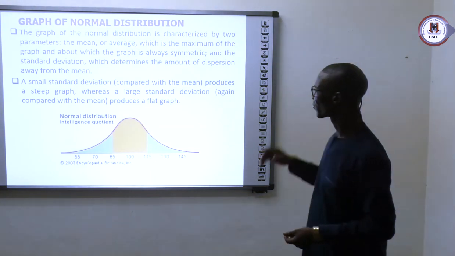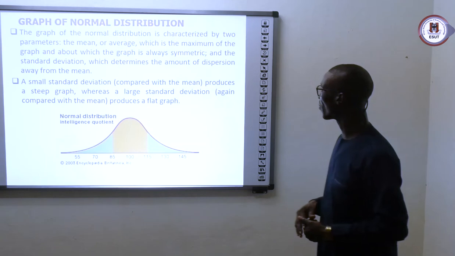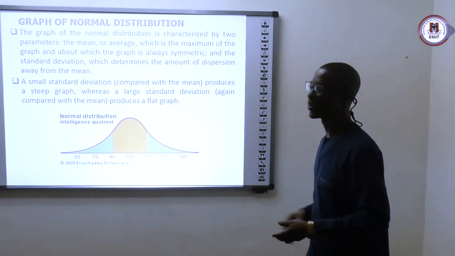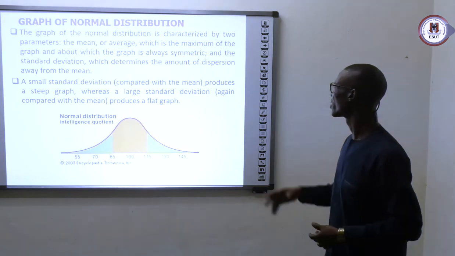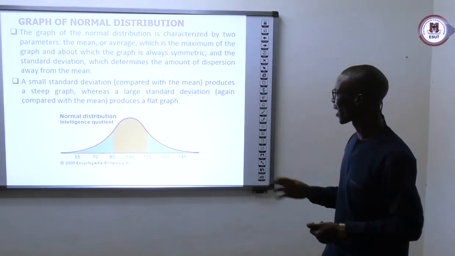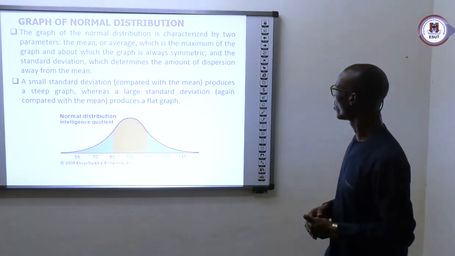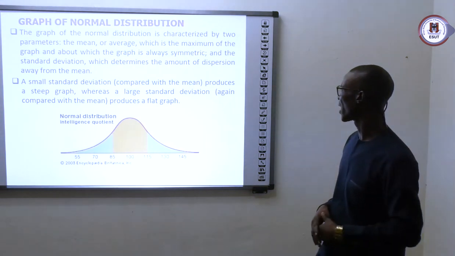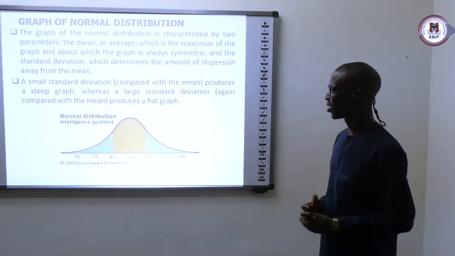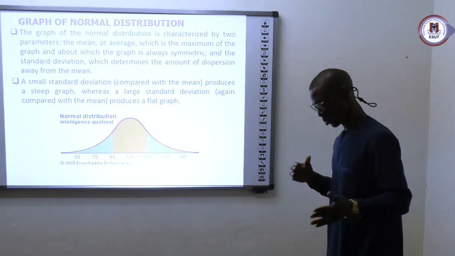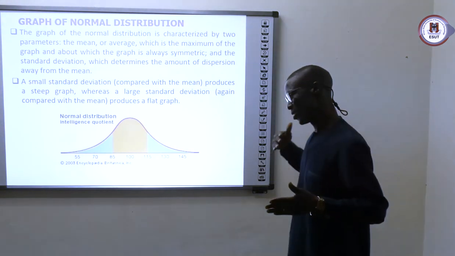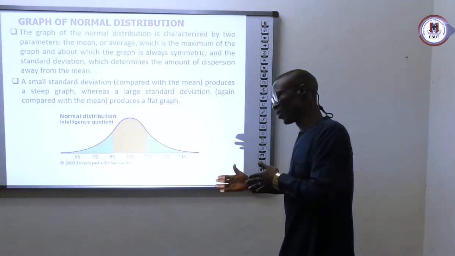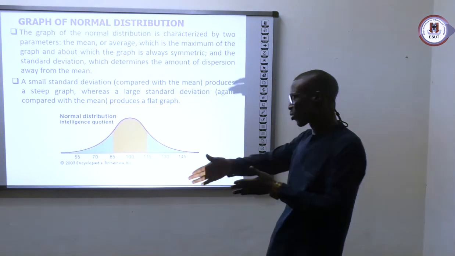The graph of a normal distribution is characterized by two parameters: the mean, which is the maximum of the graph and about which the graph is always symmetric, and the standard deviation, which determines the amount of dispersion away from the mean. So we normally check the deviation of the variable away from the mean.